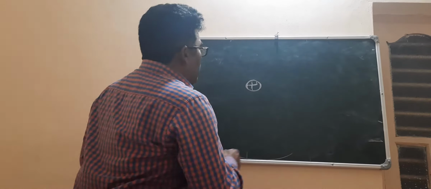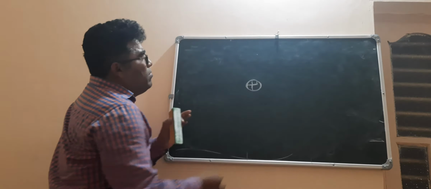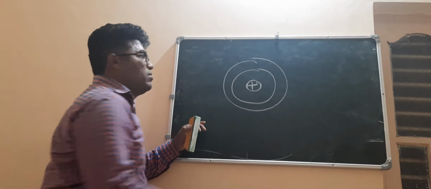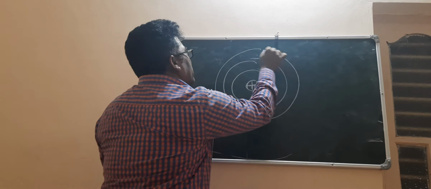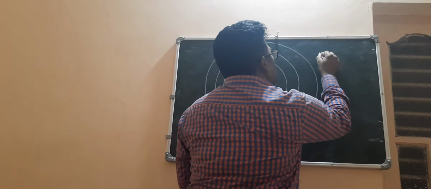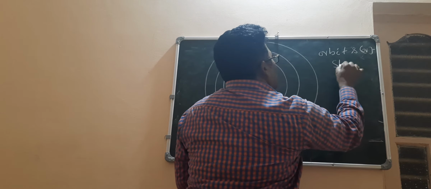Now I am going to give you clarity. In a spherical shaped atom, at the center the nucleus is present. Around the nucleus, what are present? Orbits or shells.